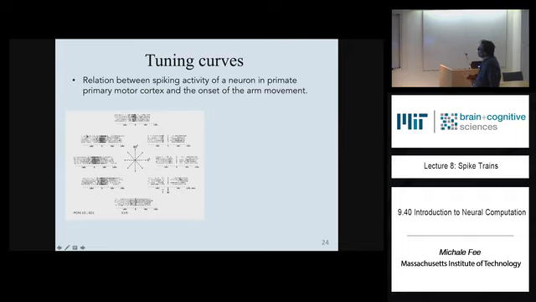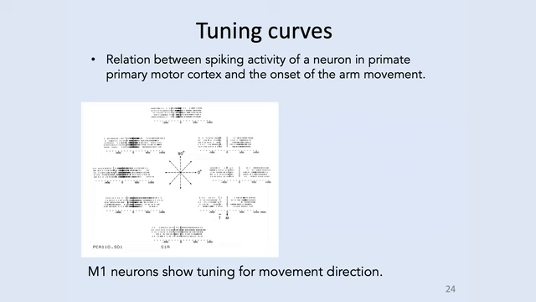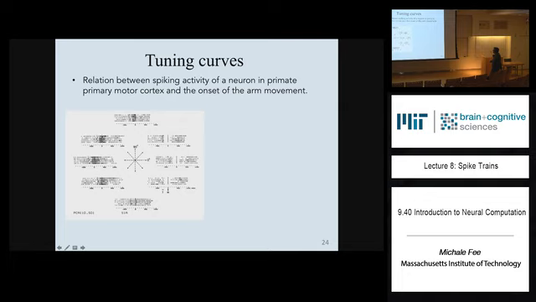So each row here corresponds to the spikes that a neuron generated during movements from the center in this direction. You can see that the neuron became active just after the stimulus indicating which direction was turned on, and prior to the onset of the movement, which is indicated right here at time 0. So you can see that the neuron responded robustly on every single trial to movements in this direction.